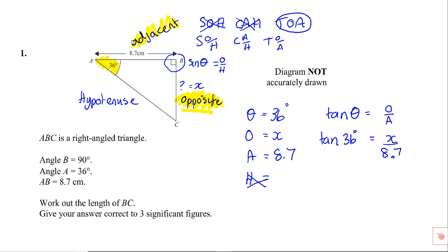Does that make sense so far where I'm at the moment? Got any questions on where it's come from? So I've identified the ratio that I want to use. And the reason why I've used tan is because of the information I've got and the information I want to know. So the other two are not useful for me in this case. Yeah?